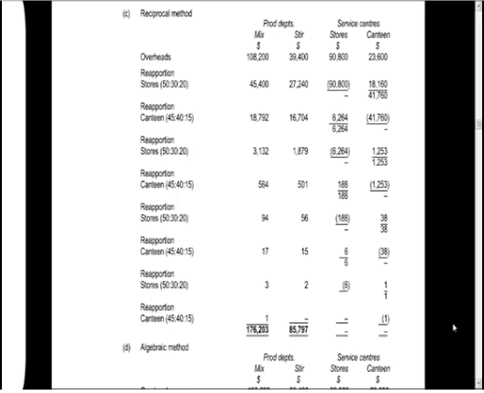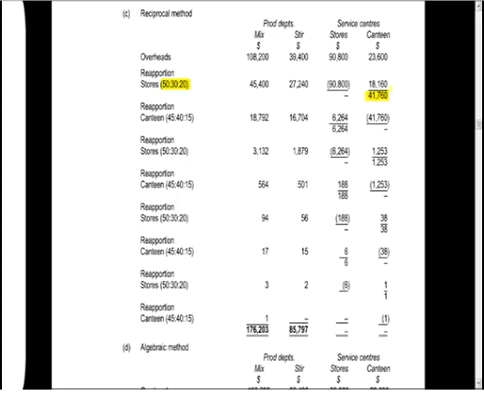So rather than ignoring or just prioritising the biggest service centre, what we do here is we start off by reapportioning the stores because it's the biggest service centre, but we reapportion it not just to mixing and stirring, but also we're going to put 20% of it into the canteen. So what that effectively does is increase the value of overheads in the canteen.